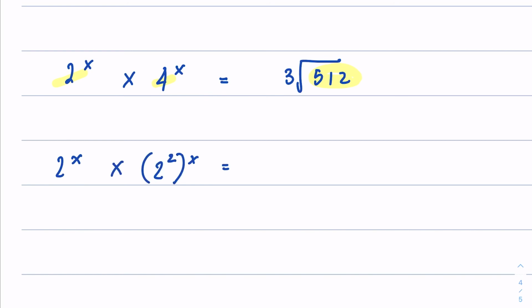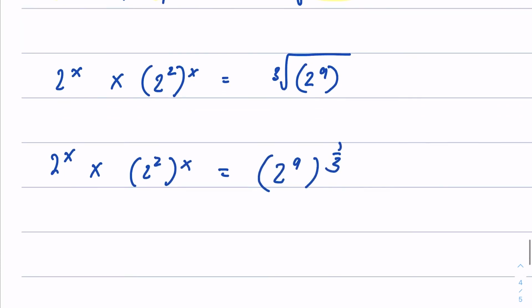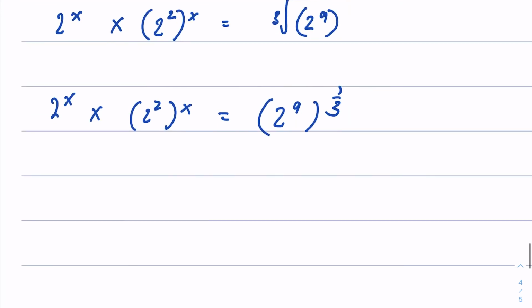So for the first part, before you change the base, let me do this first. For a cube root, we know that it is the power of 1 over 3. With the laws of indices, from here we can solve.